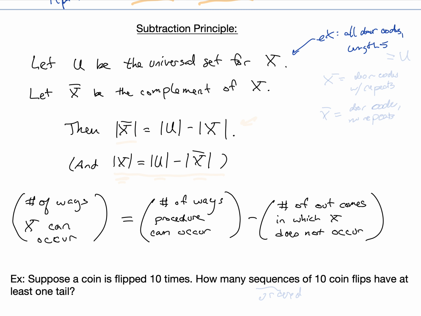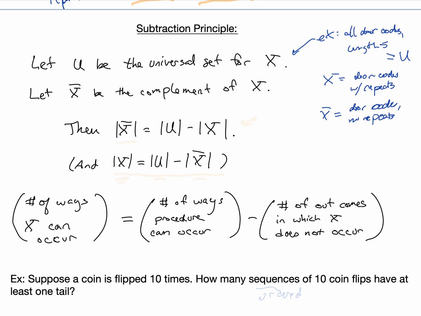X is the set of door codes with repeated numbers. And X complement was our door codes with no repeats.